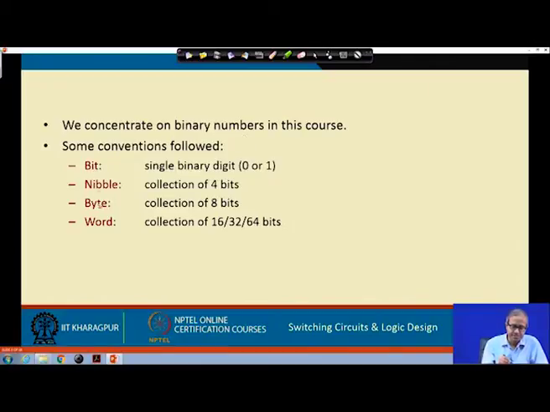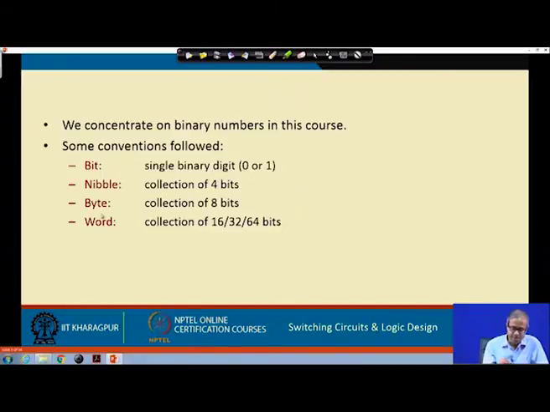Now, let us introduce some definitions. A single binary digit, which is 0 or 1, is termed a bit, as we also mentioned in the last lecture. A collection of 4 bits is called a nibble. A collection of 8 bits is called a byte.